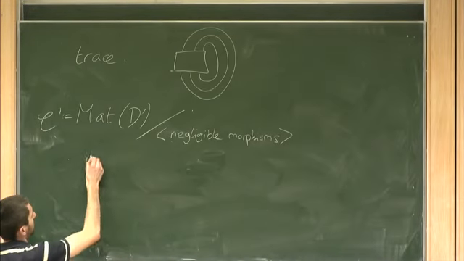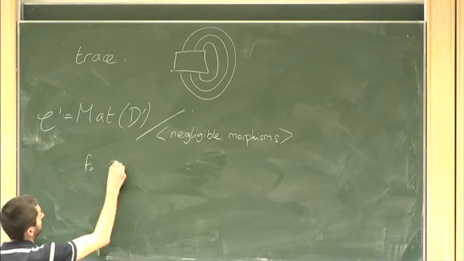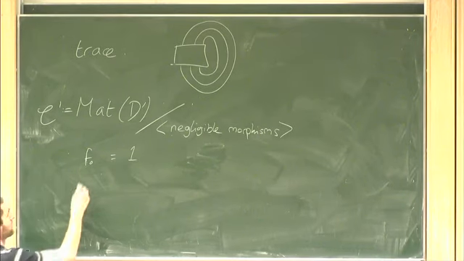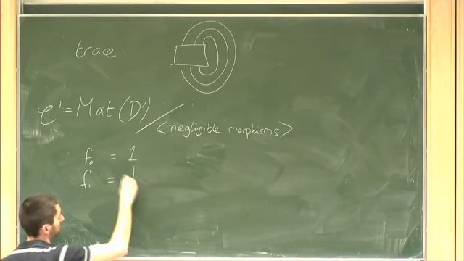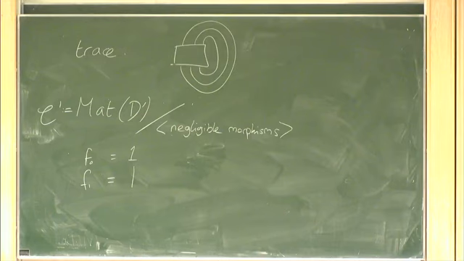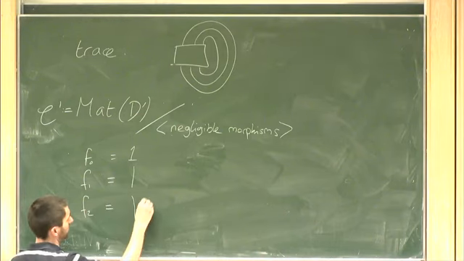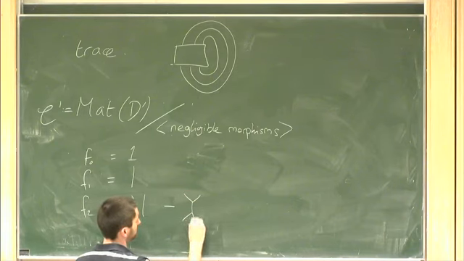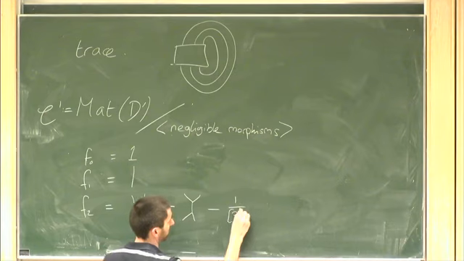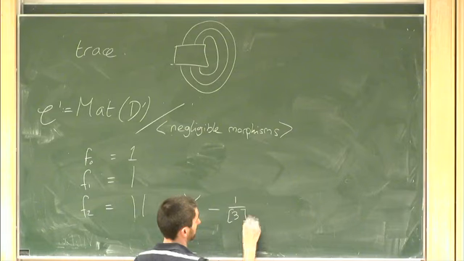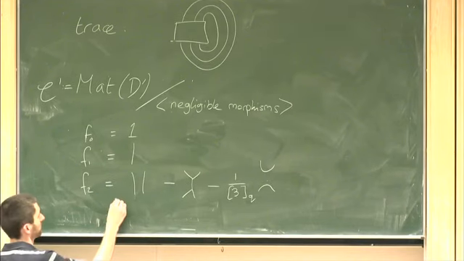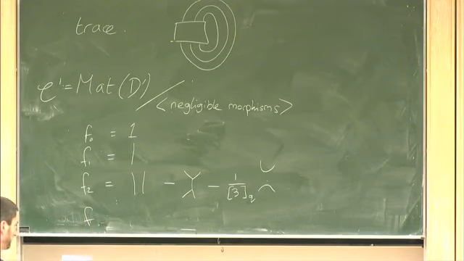It has simple objects F0, which is just the number 1 with an empty diagram, F1, which is a single strand, F2, which is given by this linear combination of diagrams, and so on, all the way down to F2k.